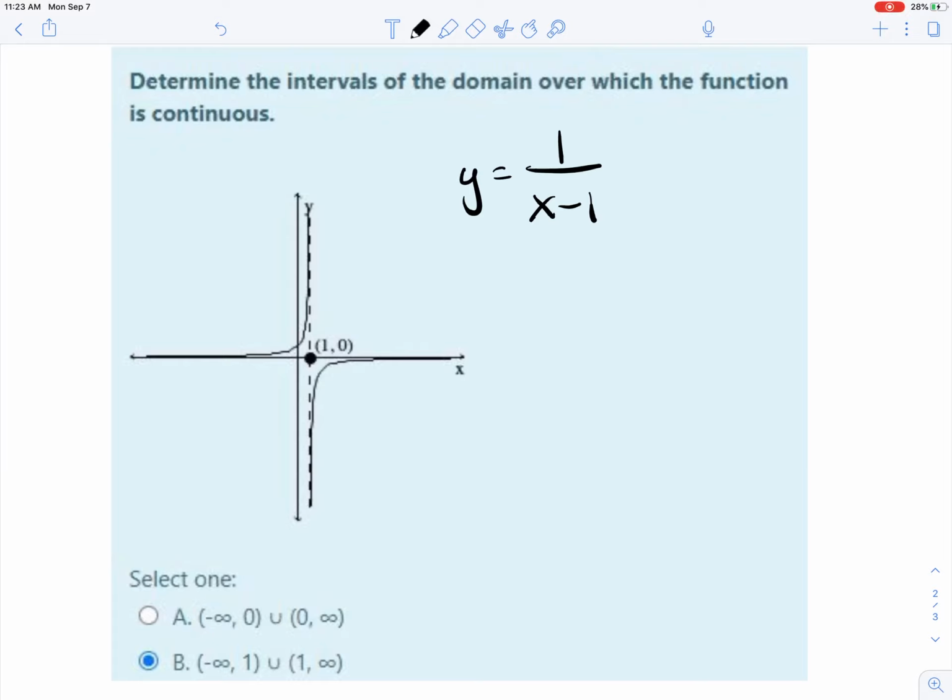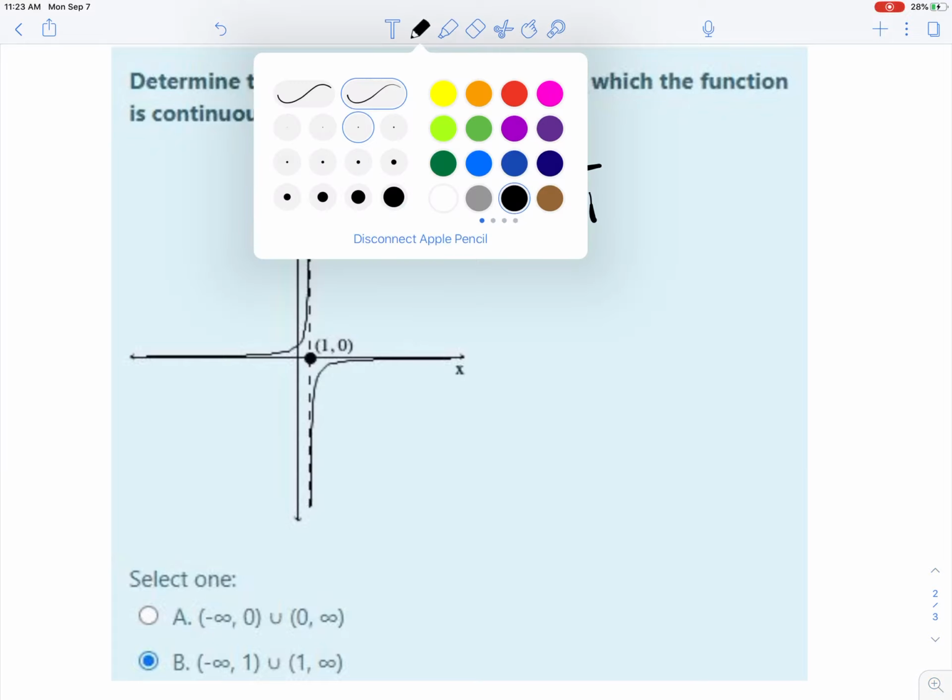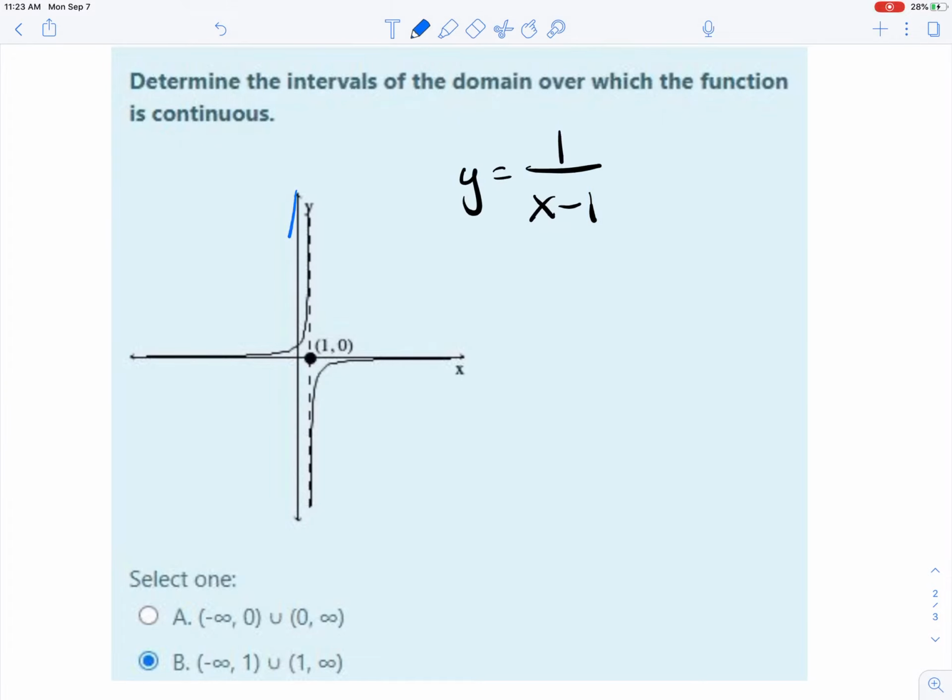So if you're doing domain, right? Remember, domain is the very left to the very right. This here in the center where the blue line is kind of dancing around right now, that's called a vertical asymptote. So it's going to be undefined when x is.